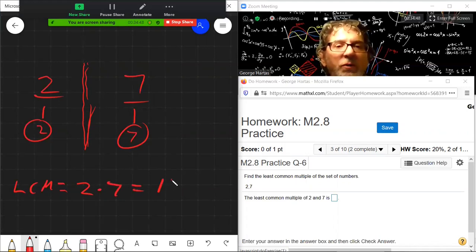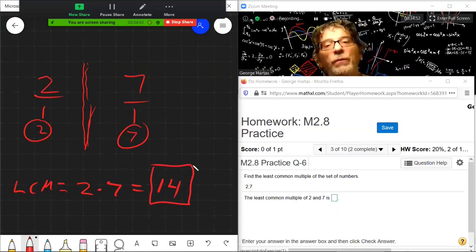Multiply this out. 2 times 7 is 14. Now, if you can visually spot that there are no common factors between the 2 and 7, then you can actually multiply them out. That's what, in essence, we did here. See, there was nothing common here. We brought them down and we multiplied them.